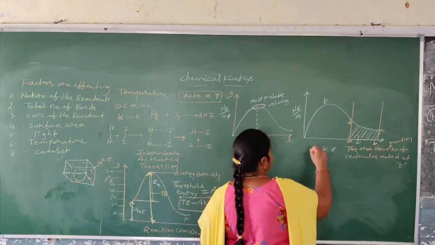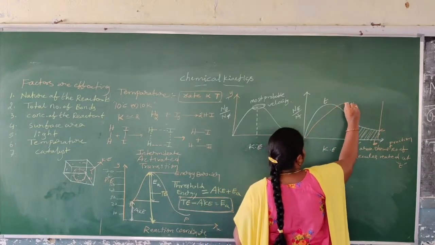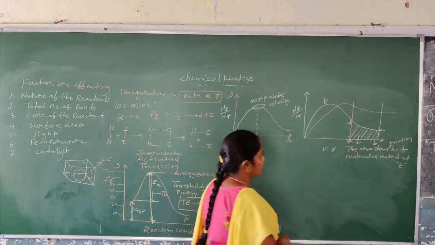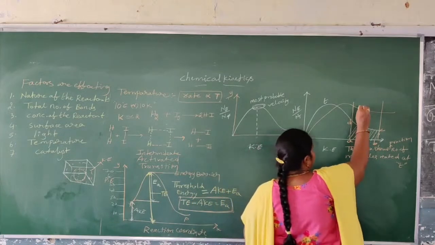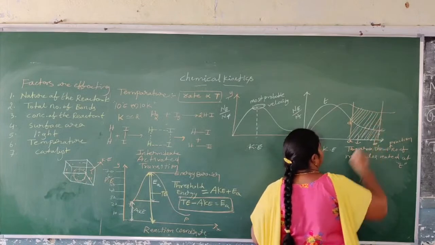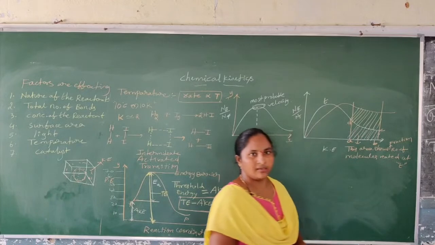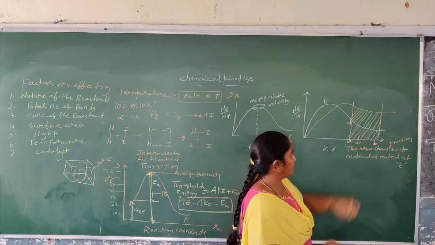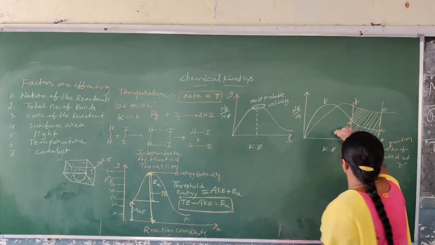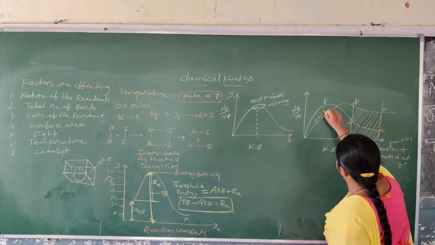If we are increasing the temperature, the molecules participating in the chemical reaction are nearly double this area. These are named E and F. So if we are increasing the temperature, this graph is at T plus 10 degrees centigrade.